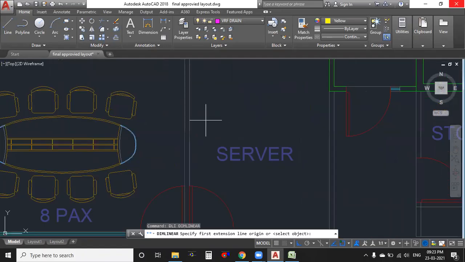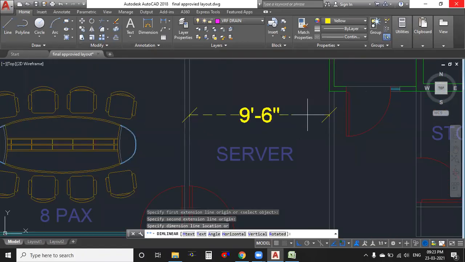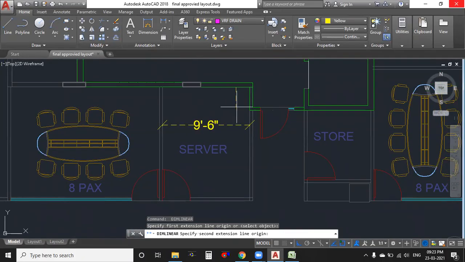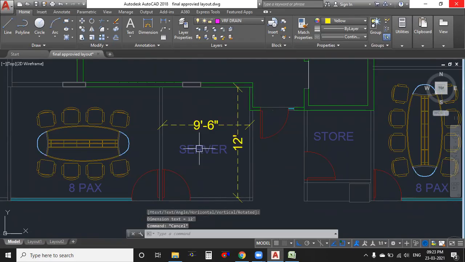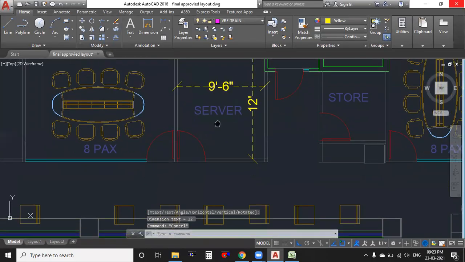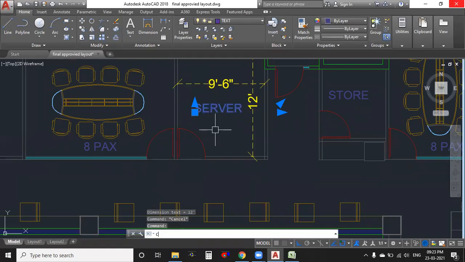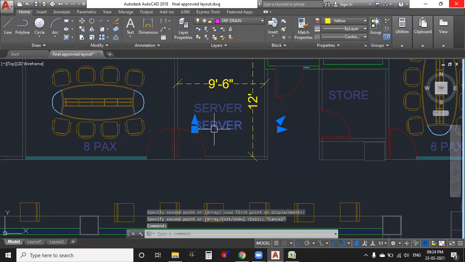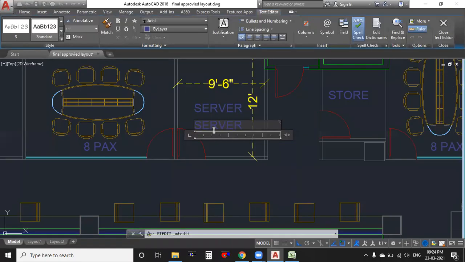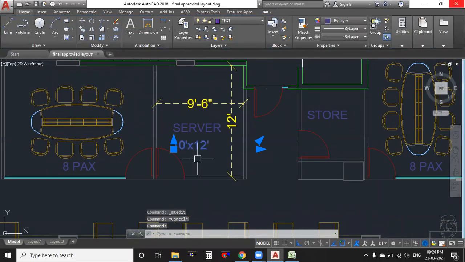For example, I have a server room. Here, in this feet layout, I'm getting 9 feet 6 inches into 12 feet. Ctrl+C, Enter, copy. Say my layout has dimensions of 10 feet into 12 feet, and the text here says 10 feet into 12 feet.